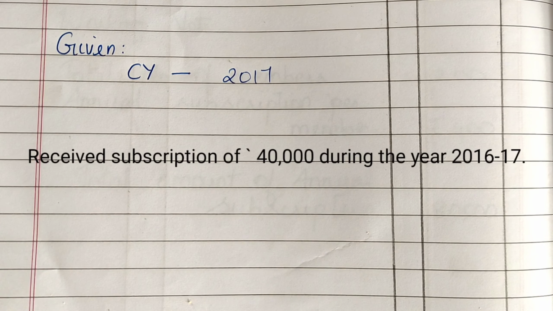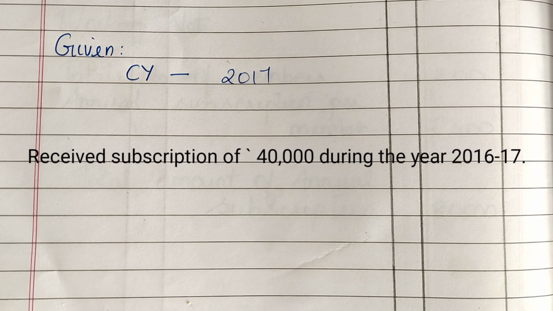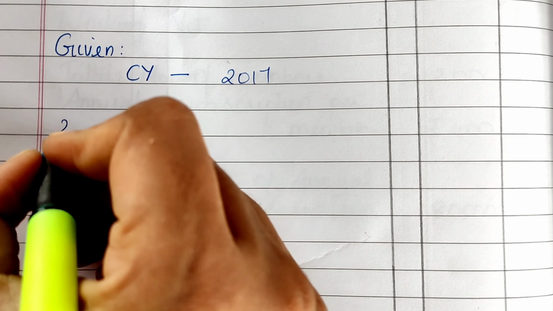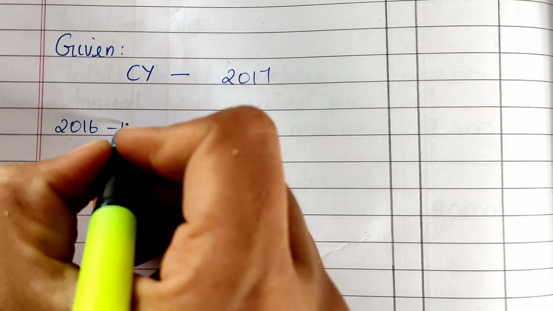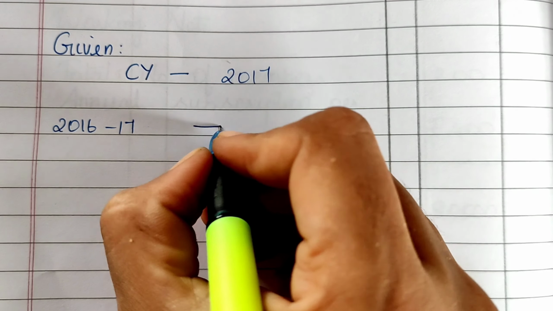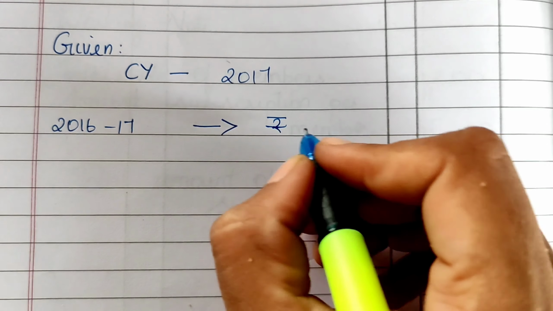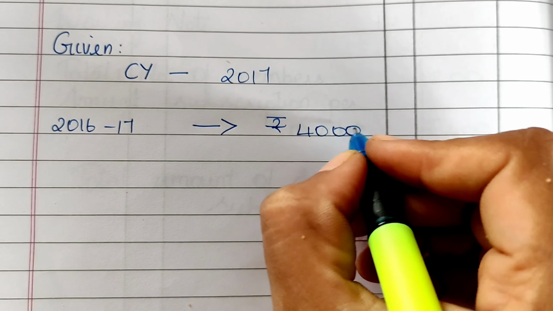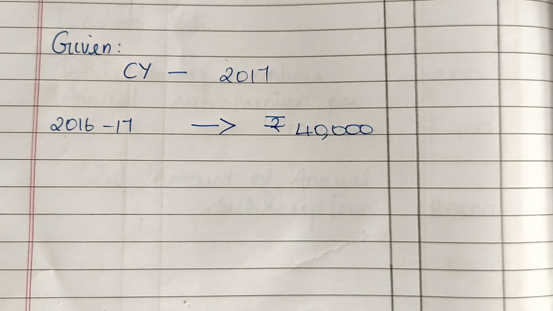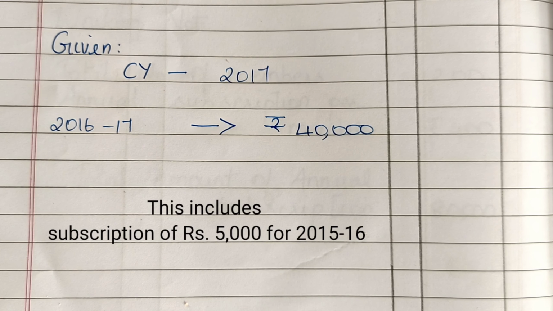Next, we have received a subscription of 40,000 during the year 2016-17. Then they said this includes a subscription of 5,000 for 2015-16.